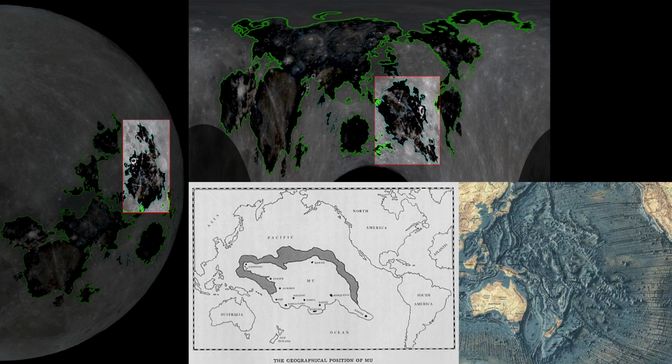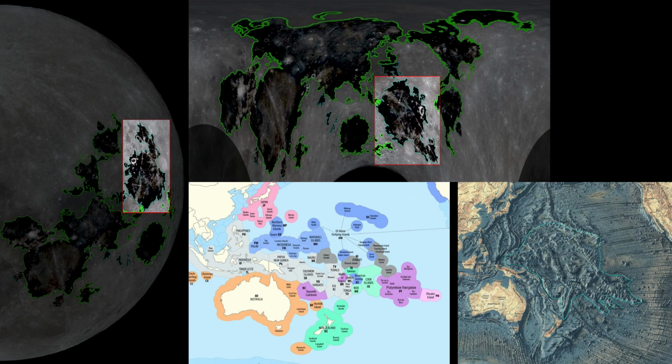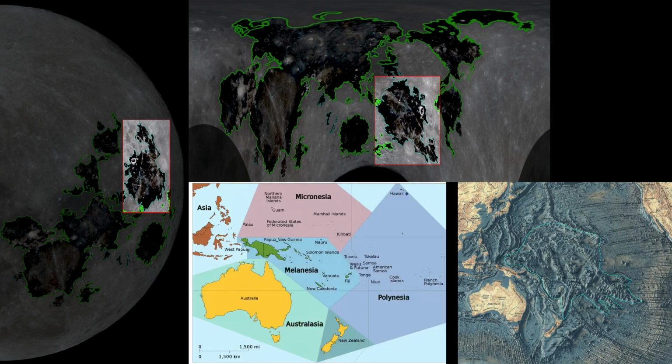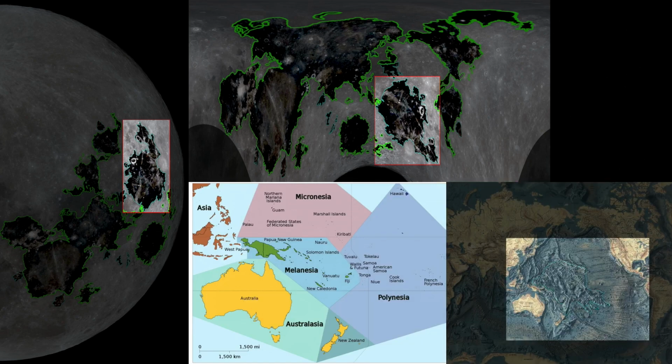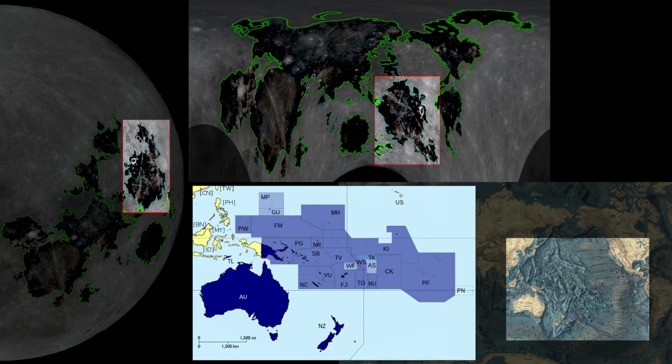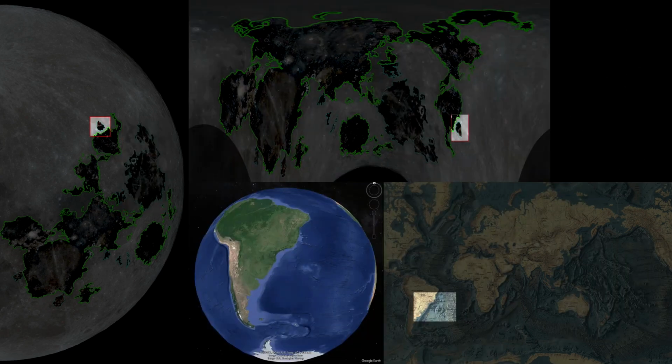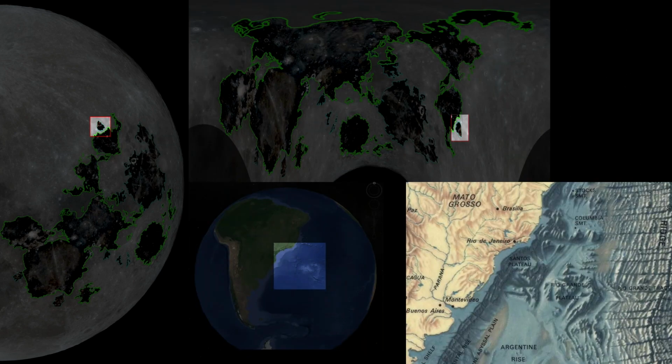Relief maps show us this is Eastern Oceania, that is Micronesia, Melanesia, and Polynesia. Over 10,000 islands scattered across tens of millions of square miles of ocean. East of South America, off the southern coast of Brazil, is the Rio Grande Plateau, or the Rio Grande Rise, clearly visible on relief maps.